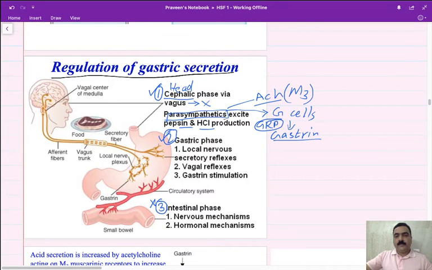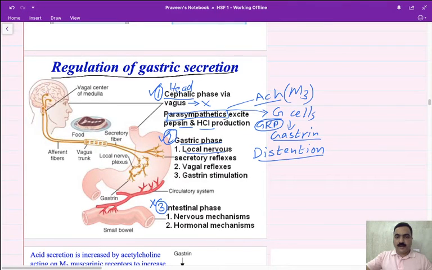Now, when the food is there in the stomach, the gastric phase, what are the things that happen? When the food is there, you have distension. Distension is the primary reason for the gastrin production. Distension of the stomach will cause the production of gastrin, and the gastrin will produce acid from the parietal cells.